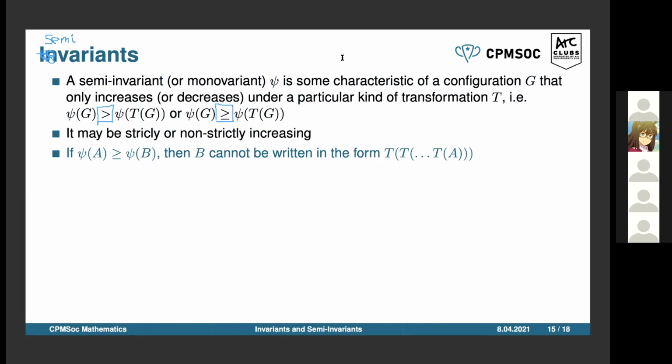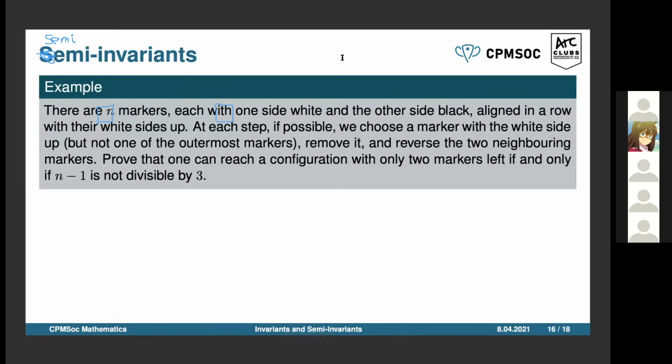And a key observation to make here is that if you're saying that the transformation always increases, always decreases, let's say, the monovariant, then if you know that the monovariant of A is greater than the monovariant of B, then you can't get A by transforming B, because transforming B can only decrease it, whereas A is bigger. Does anybody have any conceptual questions about that explanation?